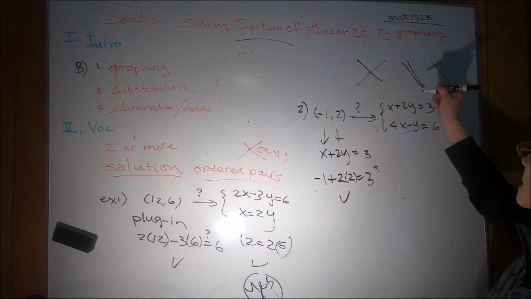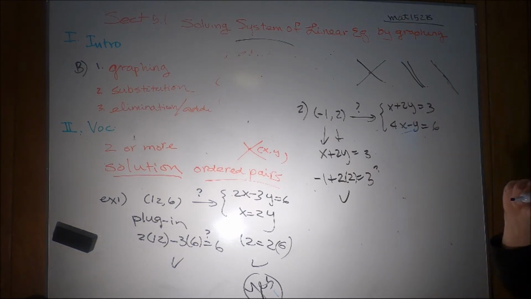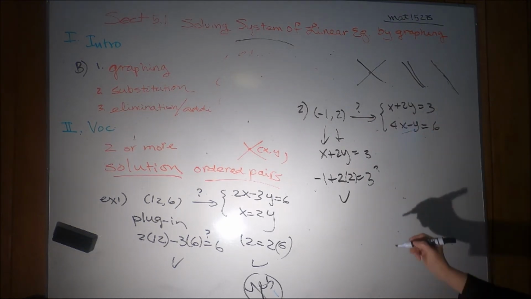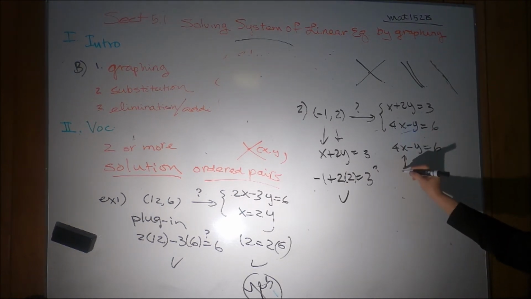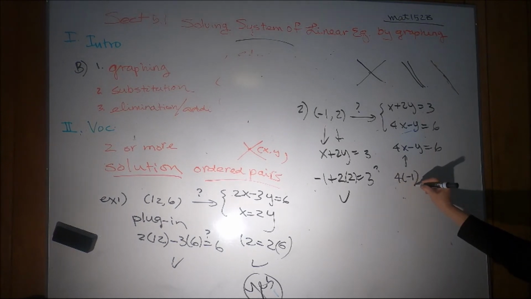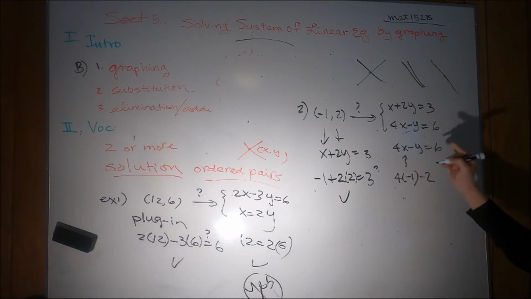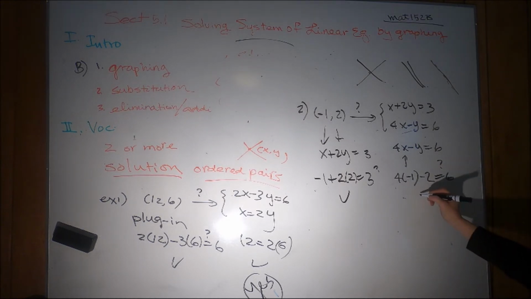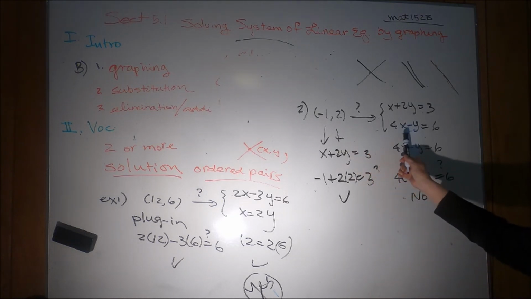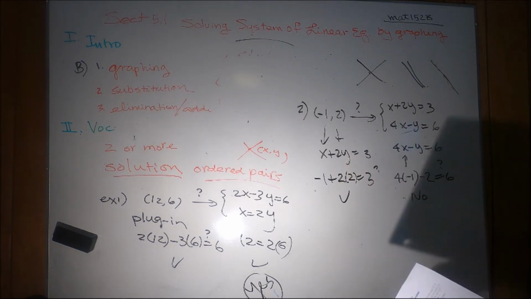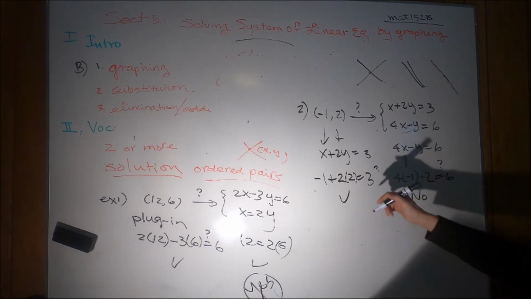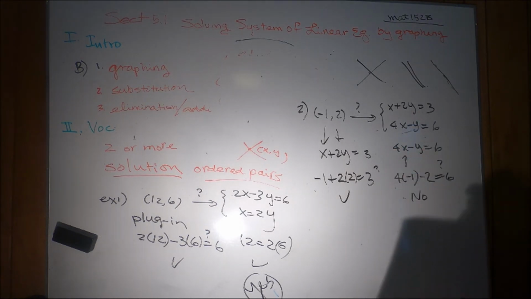So it worked for the first one. It means it's on the line. How about the second equation? So you plug in 4 times -1, minus 2y is 2. So is that 6? -4 minus -2. No, it's not 6. So this point is not on this line. So we say this point is not a solution for the system of equations we have.